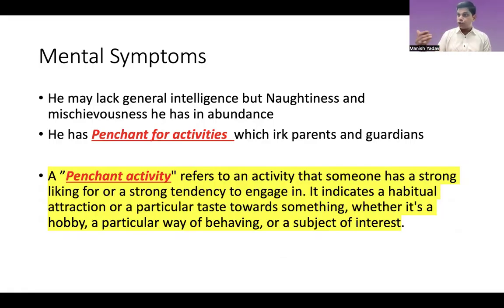And when it becomes a habitual thing, that irritates the guardians and the parents because they know this is not right. If you want to watch a movie, you watch it for 2 hours, 3 hours, and then wind it up. But every time you're free, you want to just go and watch the movie, or just order pizza every day, have something like that. So be careful. So this is how we can differentiate between tubercular children and Medorrhinum children.